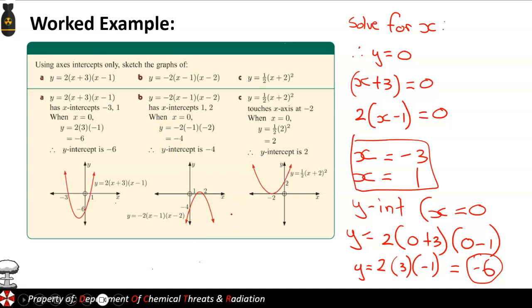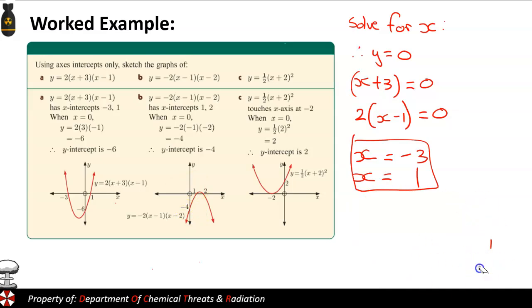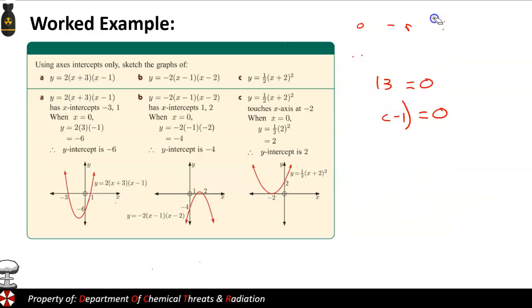In this case, if we've got 1 and 2 and a negative 4, hopefully you can see that if I have these points, it's not possible to draw a happy face, to draw a convex graph. I'll show you what I mean.